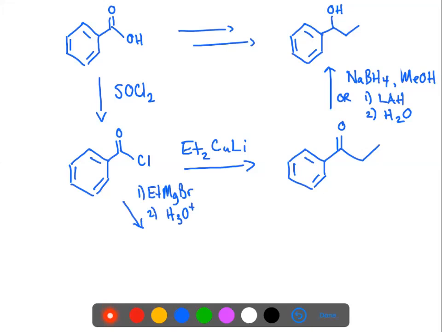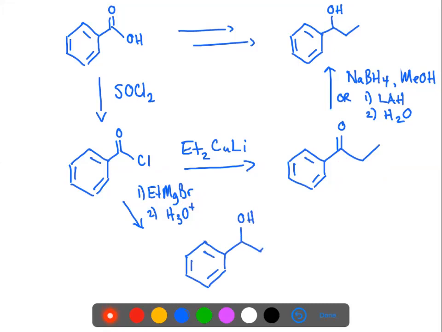And that's because it's very difficult to control the reactivity of the Grignard reagent in the presence of this acid chloride. It will react to form this particular ketone, but then it's very difficult to control this particular Grignard from reacting with this ketone to form the corresponding alcohol. So you would have ended up with the following alcohol as a result.